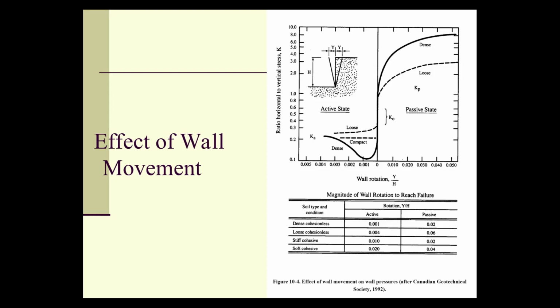Generally speaking, the at-rest state is in the middle, the passive states are higher and the active states are lower in terms of the ratio of horizontal to vertical stress. K is not restricted to being less than 1. And you see that there are various values that come up depending upon the magnitude of the wall movement.